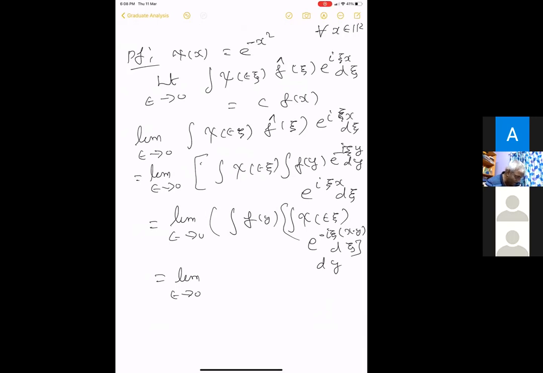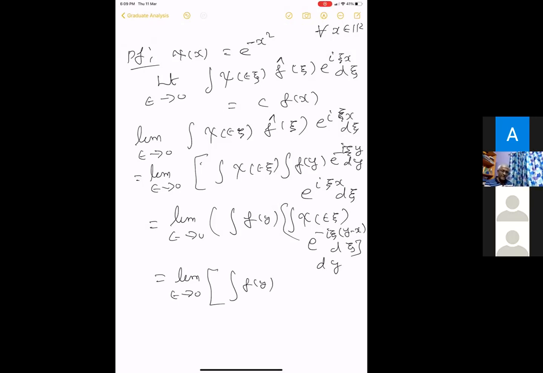I have not been integrating for several years now, so I may make some mistake. It will be y minus x, because I put a minus sign here. Is this fine? Yes, sir. Okay, so this should be fine.